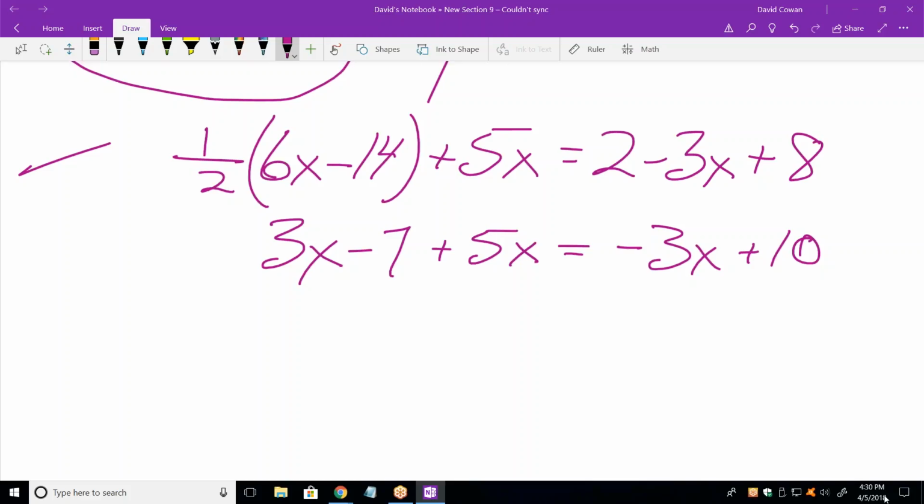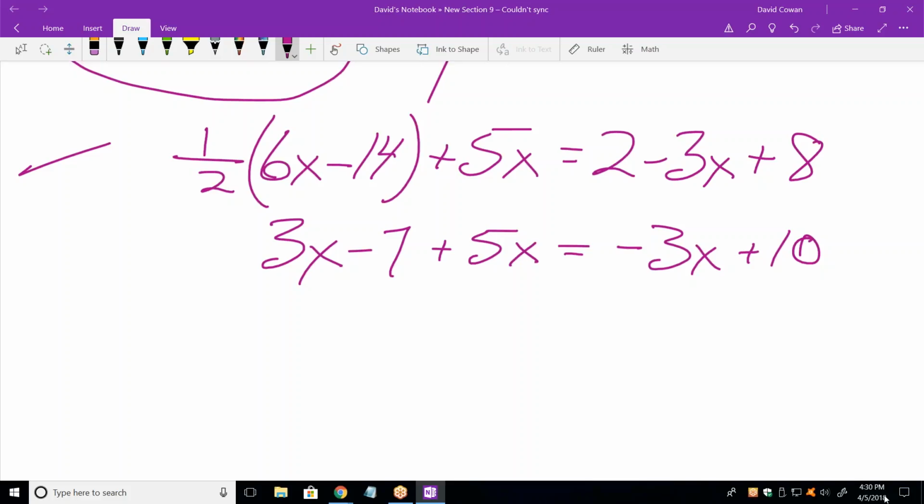Okay, so how many x's do I have if I put them all on the left? You will have 3 x's on the left. So add them up. Combine them. Okay, so 3. Yeah, would it be x squared on the left?